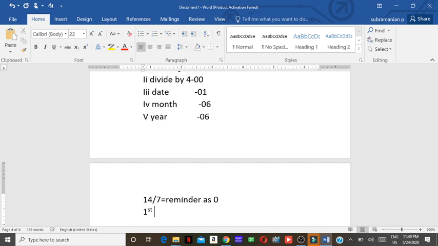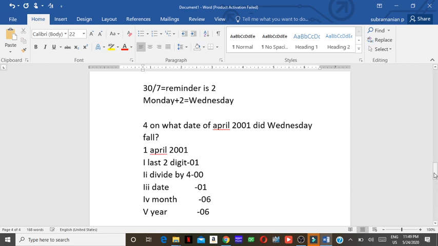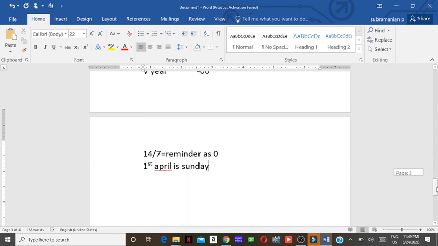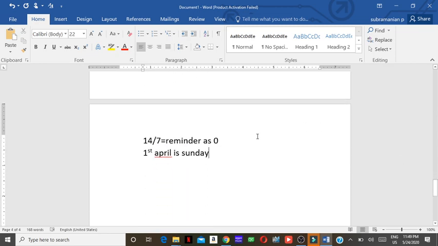So 1st April is Sunday. Now the question is: on what date of April 2001 did Wednesday fall? April 1st is Sunday, so the 2nd is Monday, the 3rd is Tuesday, and the 4th is Wednesday.